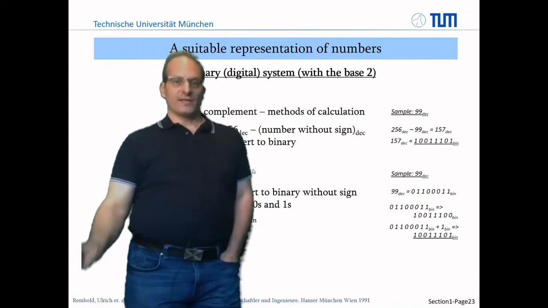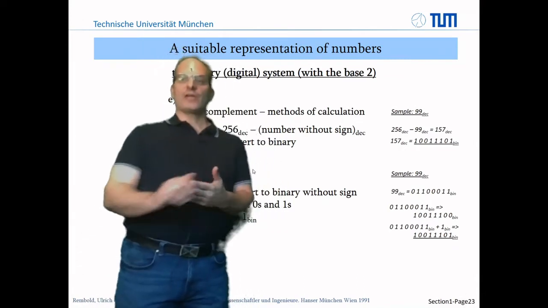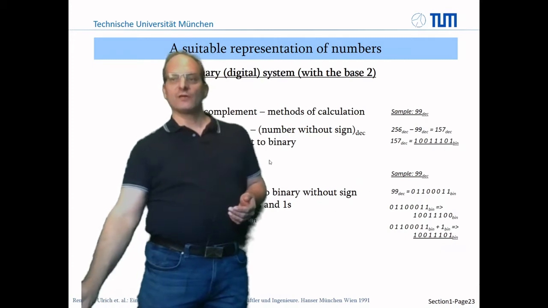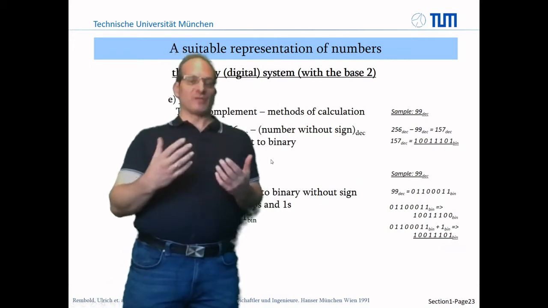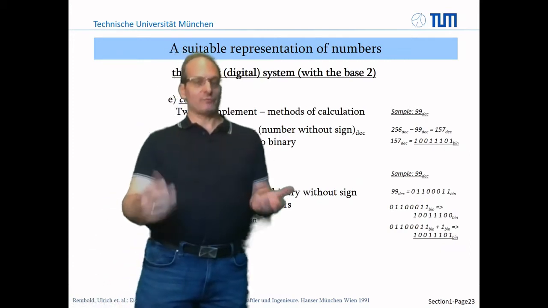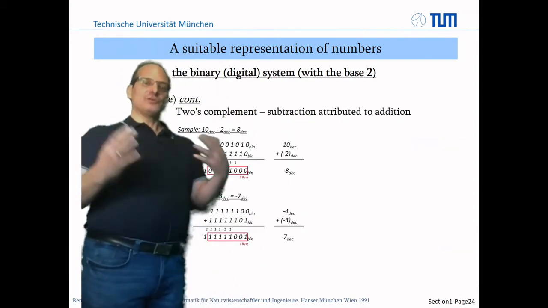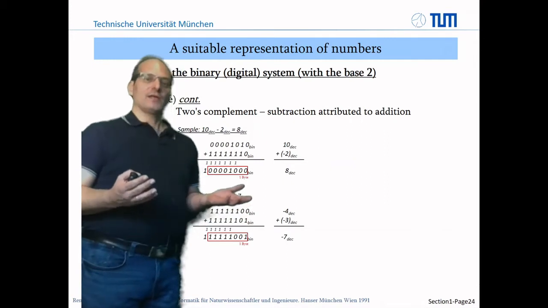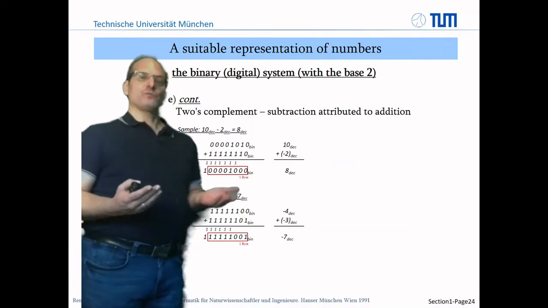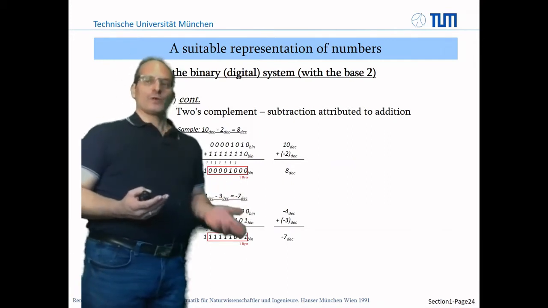The nice thing, if you have this, you can now use it for a simple calculation of a subtraction, because you can use this 2's complement and you only have to do additions if you want to do a subtraction. So what does it mean?